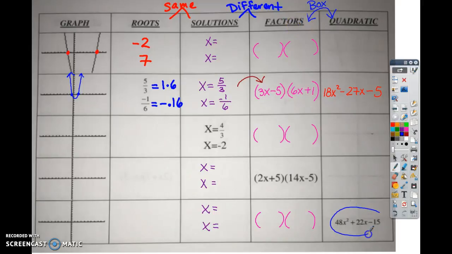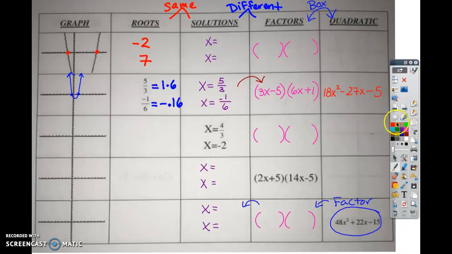So remember this one, you factor it. Okay, factor it, write down the factors. Once you have the factors, set them equal to 0 and solve.